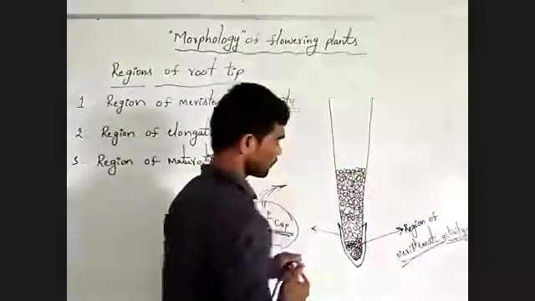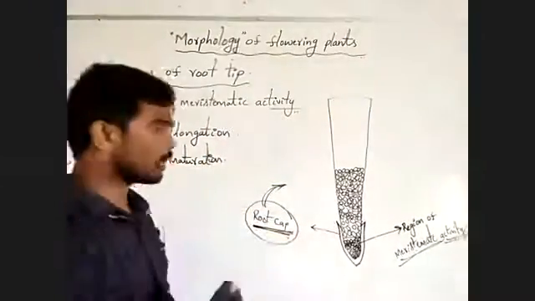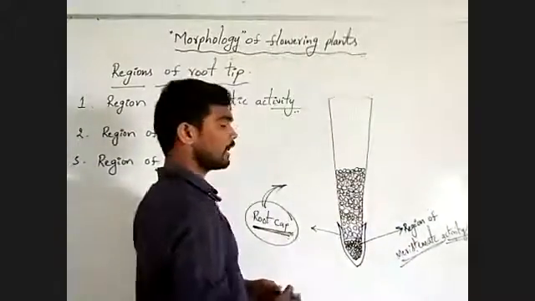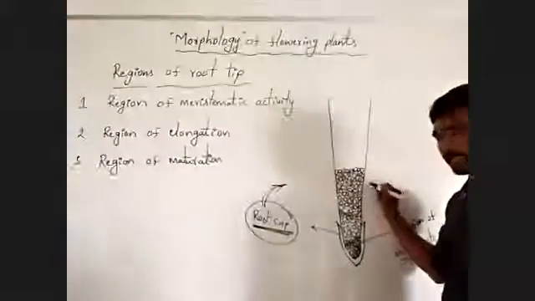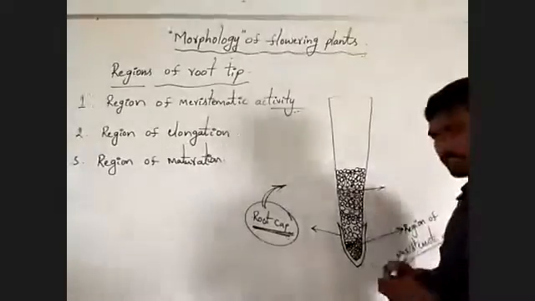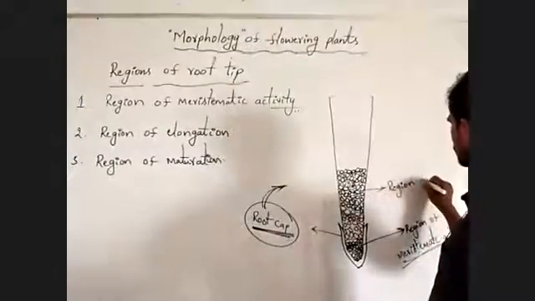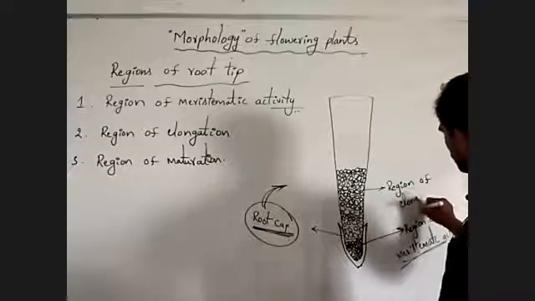Observe a few millimeters above the region of meristematic activity, another region with elongated cells is present. This region having the elongated cells is called region of elongation.